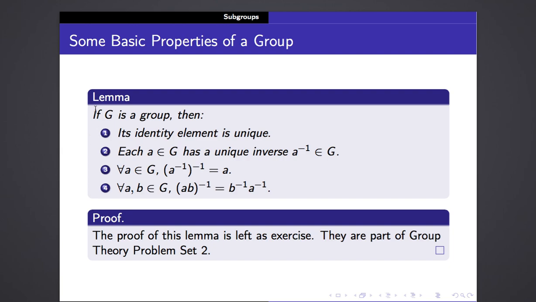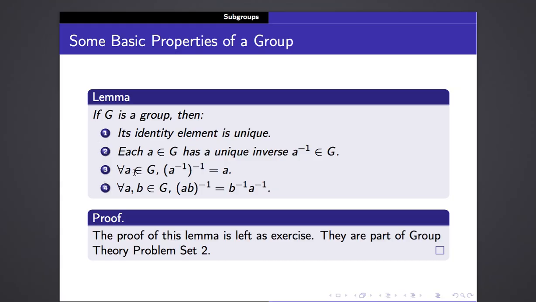Before we continue, let us take a look at the following lemma. It lists some basic properties of a group. If G is a group, then its identity element is unique. So there is only one identity. Each element A has a unique inverse, A inverse, so the inverse element of each element also exists uniquely.